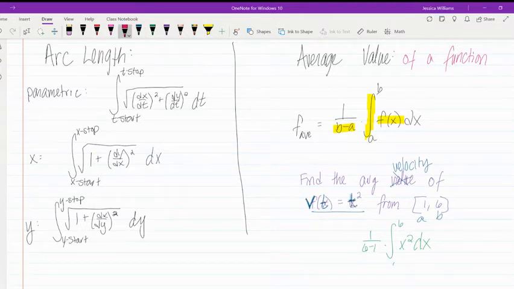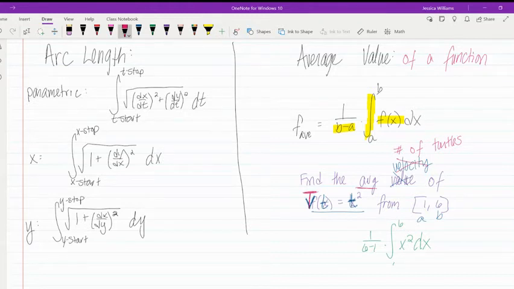Or they could find the average number of turtles, and this is actually a function of turtles. It can be anything, so they can make it sound different. But if they're asking you to find the average value of something, you're going to use the average value formula.